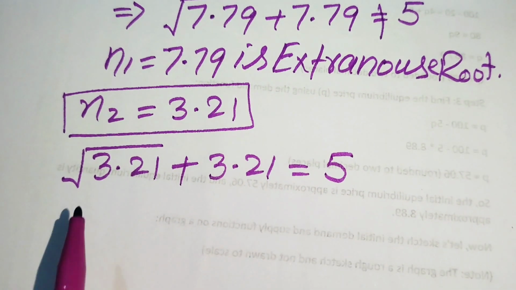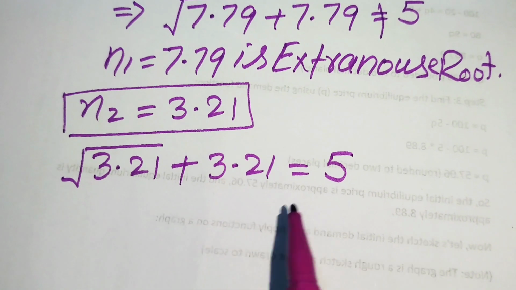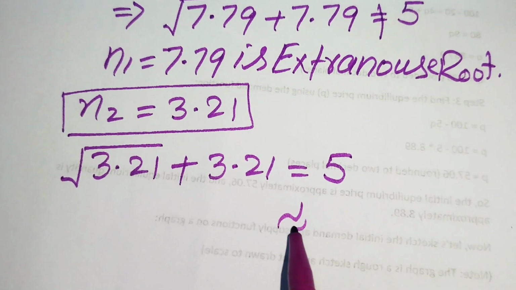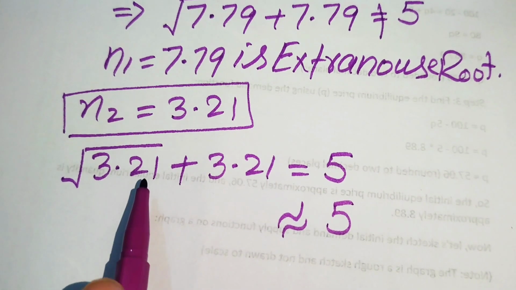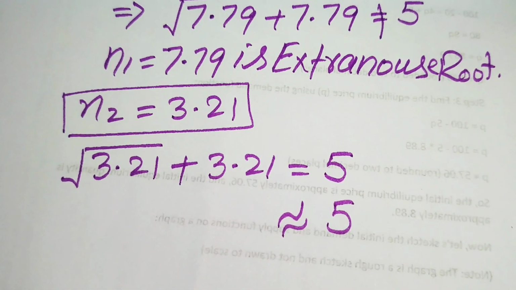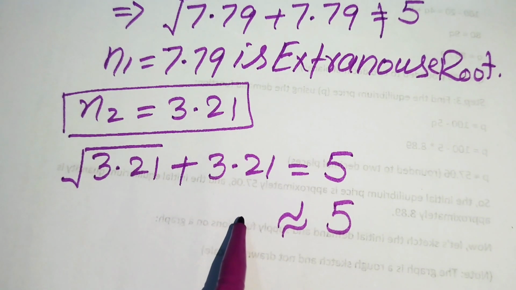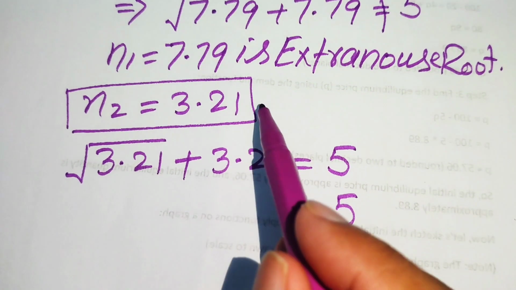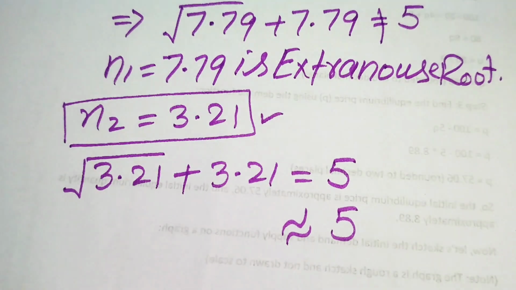And here you see that when you take the square root of this term and you add it by 3, then you approximately get it is equals to 5. Okay, so this solution is approximately equals to 5. It means that n2 satisfied our given question statement, so n2 is the only solution of the given equation, but n1 is the extraneous root of the given equation. And this is the final answer.